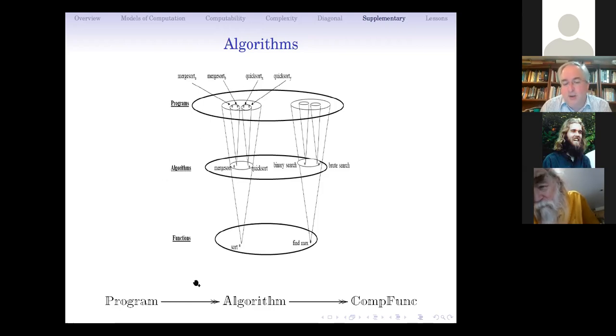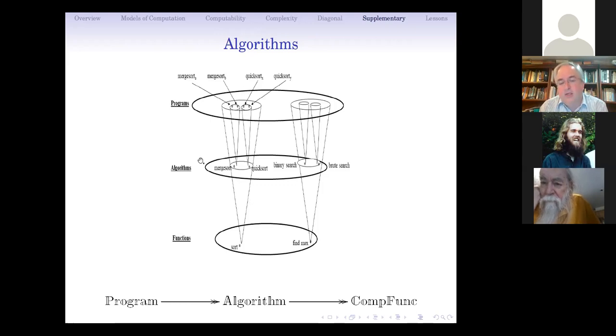But the point is, you have programs, and then you have a quotient to algorithms, and you have a quotient function to computable functions. And again, the objects are all sorts, all possible types.